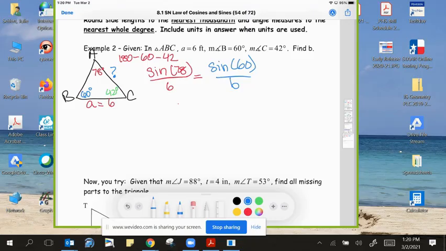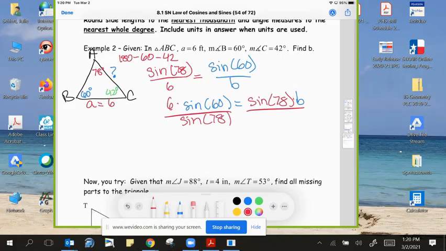Okay. So solving this, 6 is multiplied by sine of 60, and that would be equal to sine of 78 multiplied by B. Doesn't matter which crisscross you do first, as long as you keep everything consistent. So we'll divide by sine of 78 in order to solve. 6 sine of 60 over sine of 78.